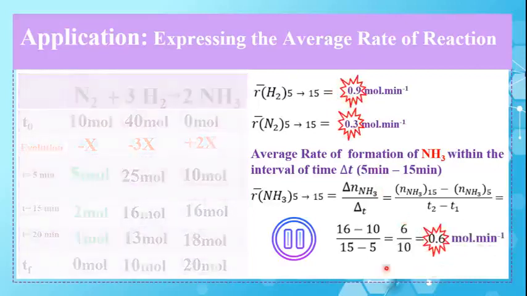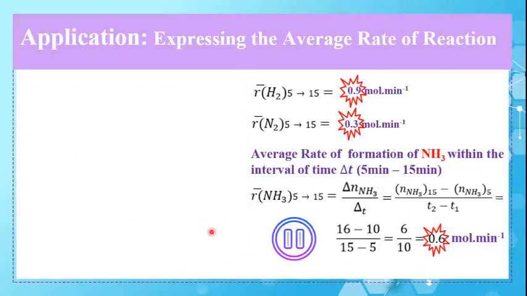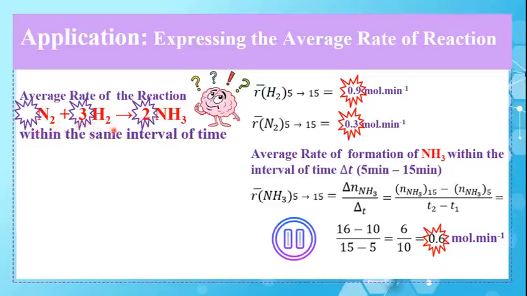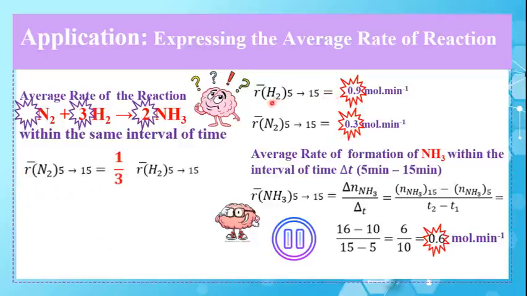What if we want to calculate the average rate of the reaction in this interval of time? Observe the stoichiometric coefficients of the reactants and the product and compare them with the values of rates calculated before. Yes, we notice that the average rate of disappearance of N2 in the interval of time 5:15 is equal to 1 over 3 the average rate of disappearance of H2 in the same interval of time.